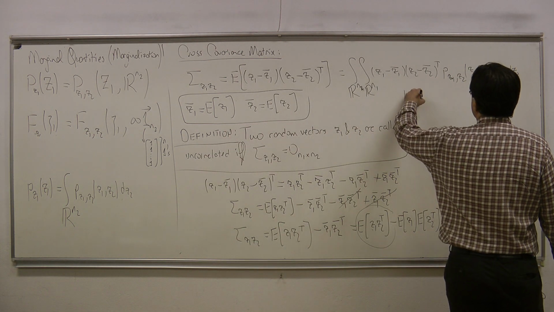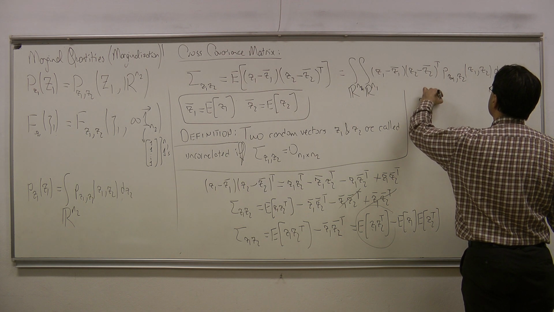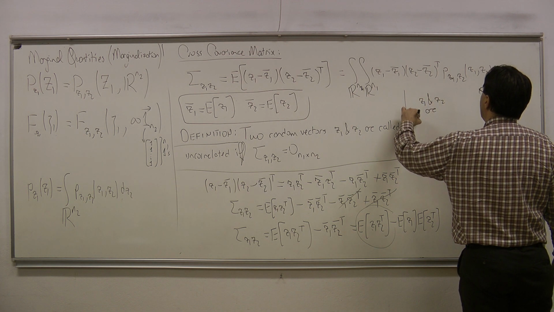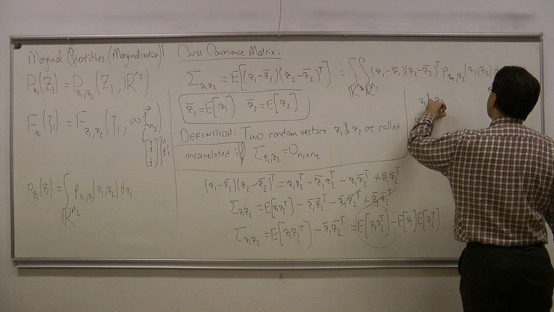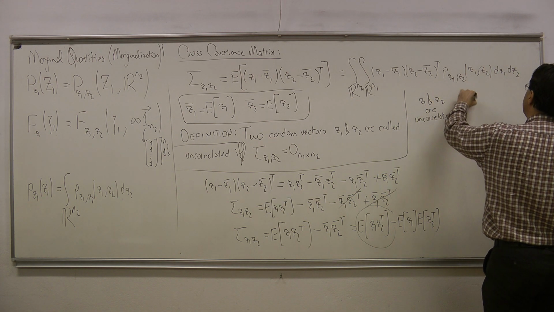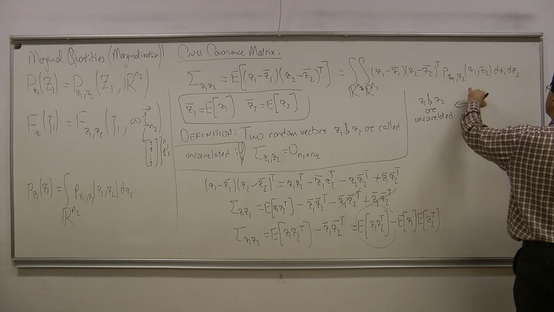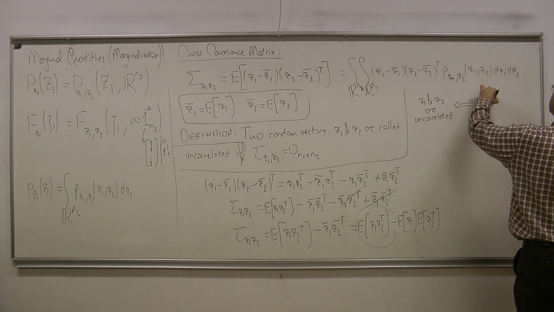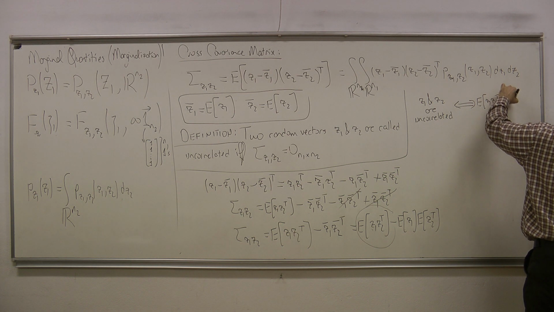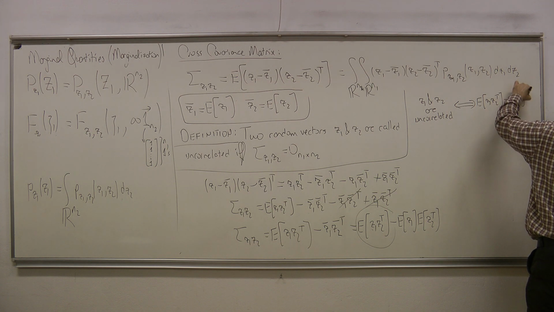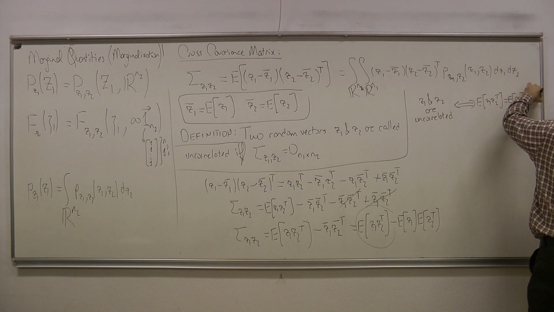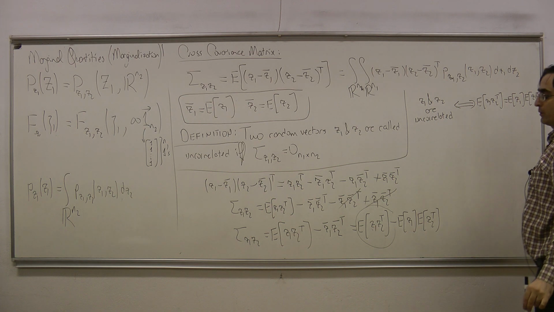Okay? So I can write here: Z1 and Z2 are uncorrelated if and only if the expected value of Z1 Z2 transpose is equal to the expected value of Z1 times the expected value of Z2 transpose. Okay?